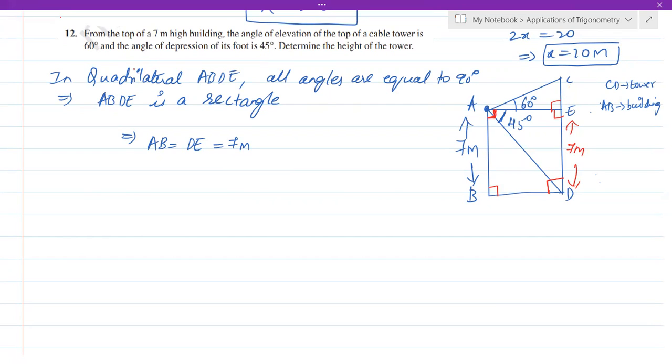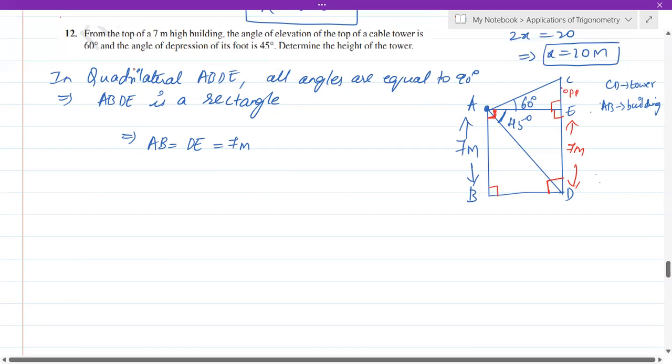Any one side must be given, but they have not given the value of AC or AE. If the hypotenuse is given, the opposite can be easily found. If the adjacent is given, the opposite can be easily found, but they have not given anything.